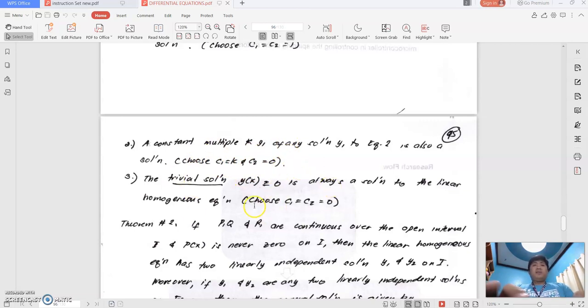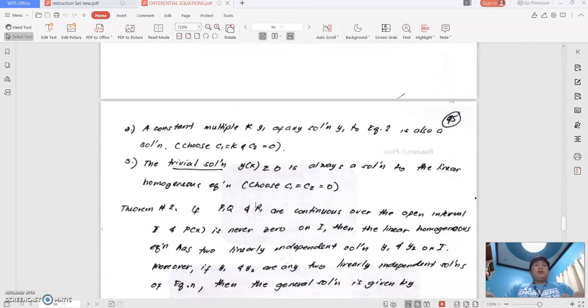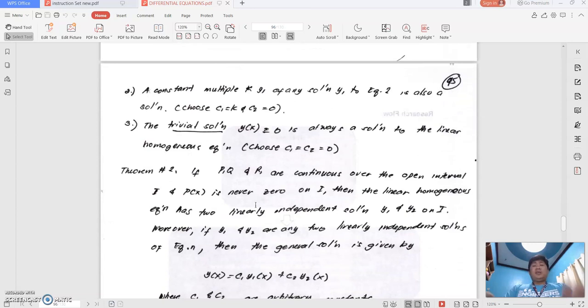Don't worry, we'll have some examples so that you will really understand the problem. What I'm doing is just discussing the theories and theorems behind our topic. The third one is a trivial solution, where y equal to 0 is always a solution to the linear homogeneous differential equation, where both c sub 1 and c sub 2 are equal to 0.